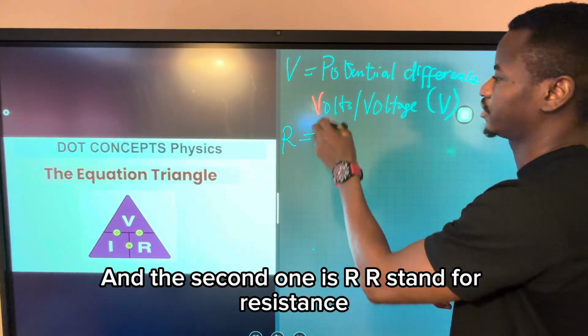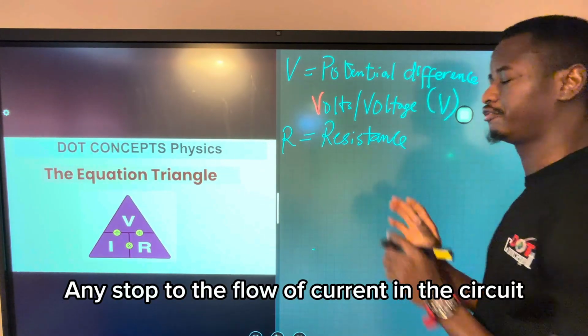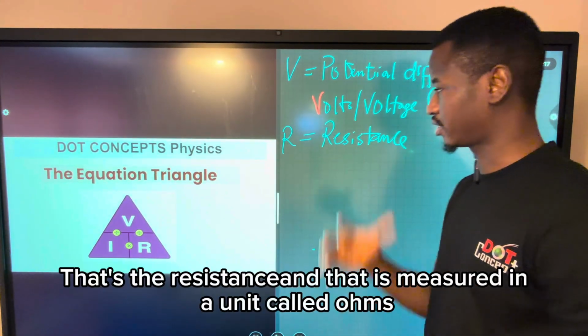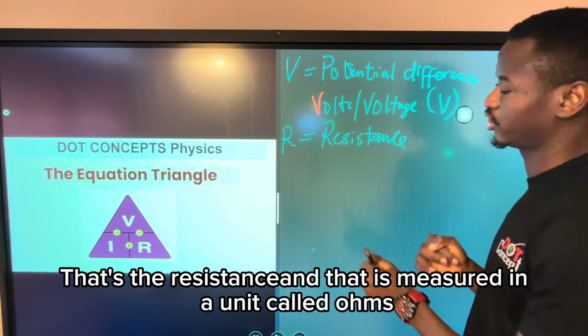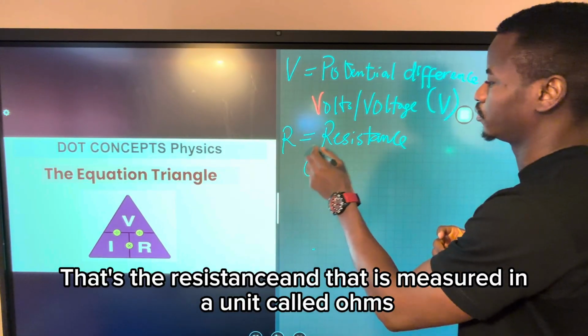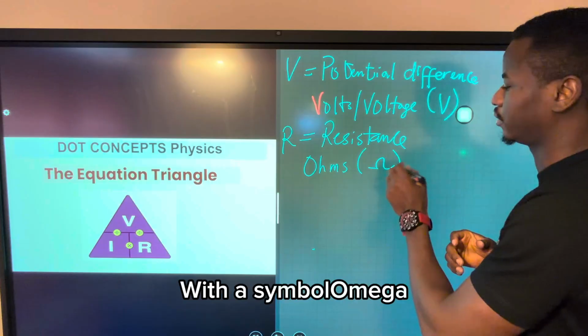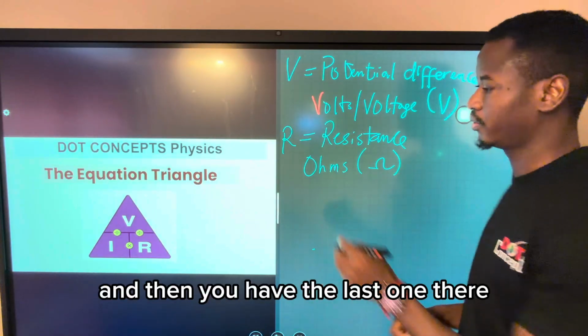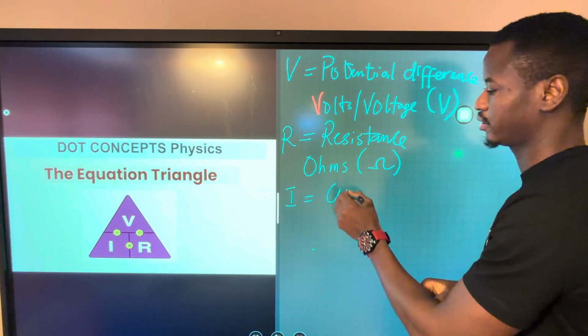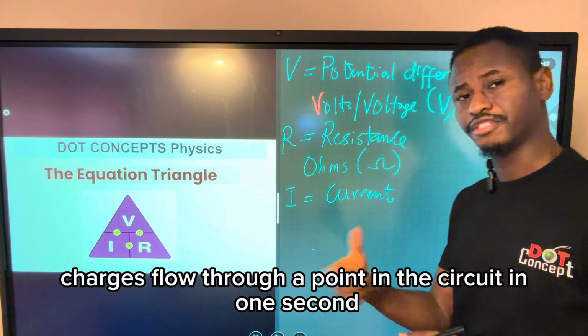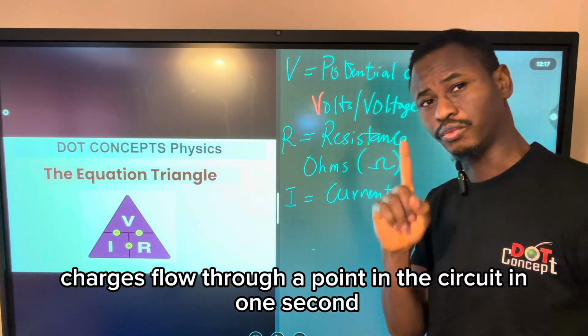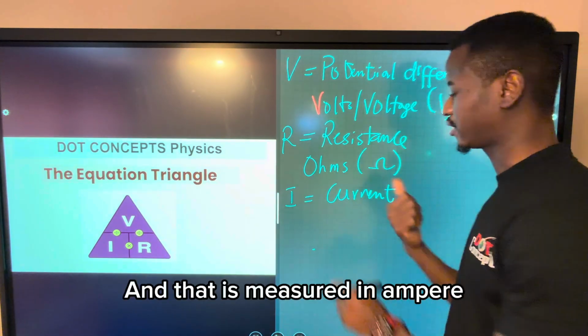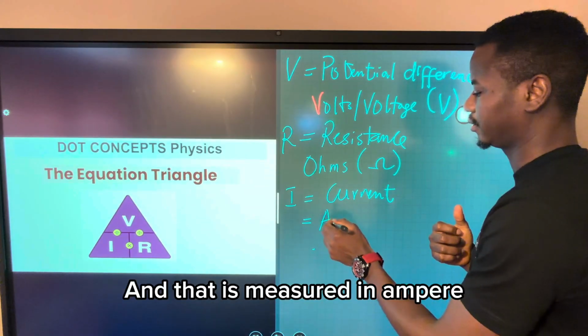And the second one is R. R stands for resistance, which is any stop to the flow of current in a circuit. That is measured in a unit called ohms with a symbol omega. And then the last one is I, which stands for current, which is how much charge flows through a point in the circuit in 1 second, and that is measured in ampere.